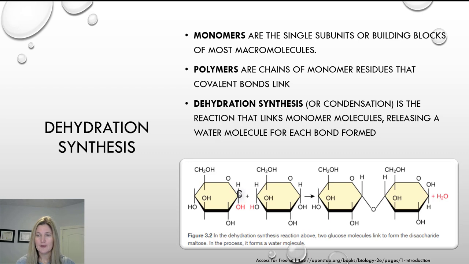We learned in 2.3 that carbons can form that ring structure. So imagine there's a carbon here. By removing the hydroxyl group, now that carbon is going to bond with the oxygen over here. So there's the carbon, there's the oxygen. Now this bond right here is a covalent bond.